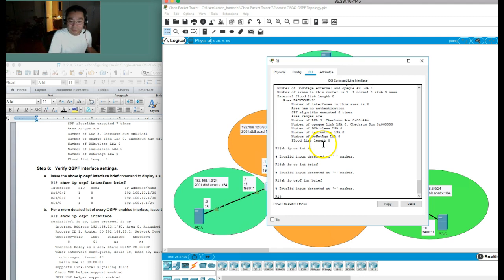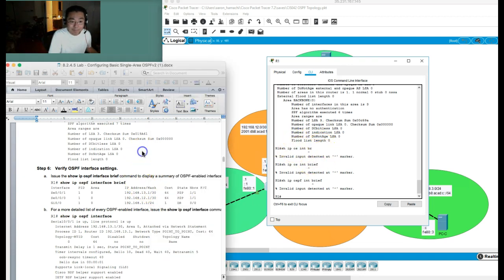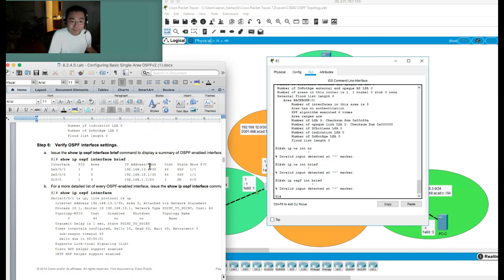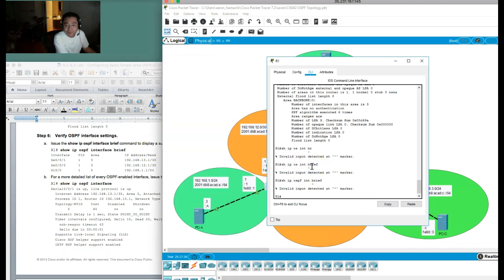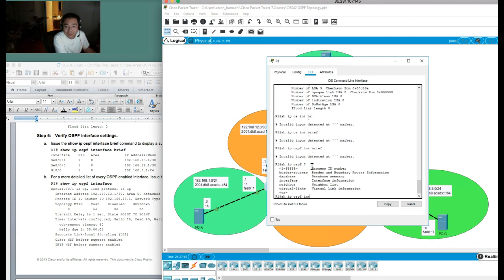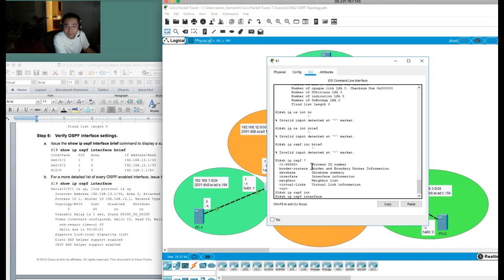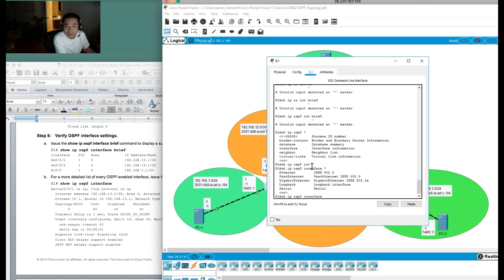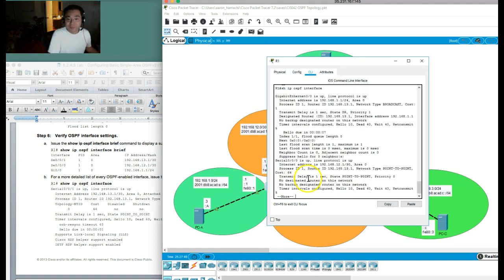And it looks like Packet Tracer has a limitation and it can't do that. Show IP OSPF interfaces. Well, at least we can do that. So instead of it being brief, it's going to give us the full table here.